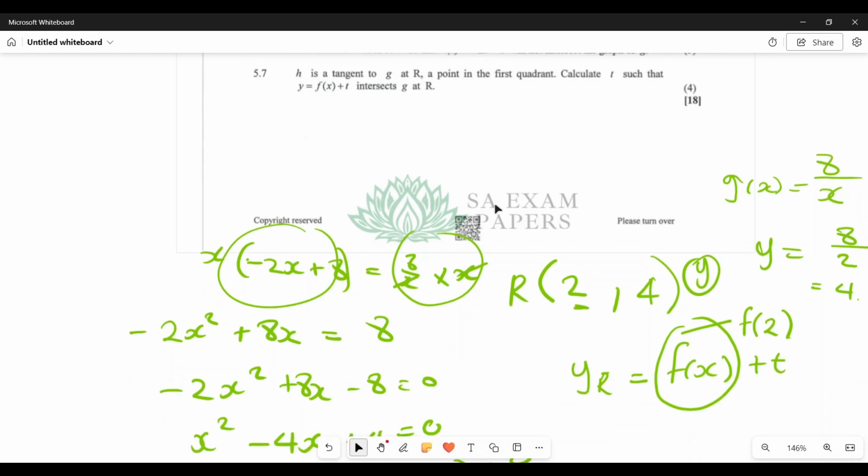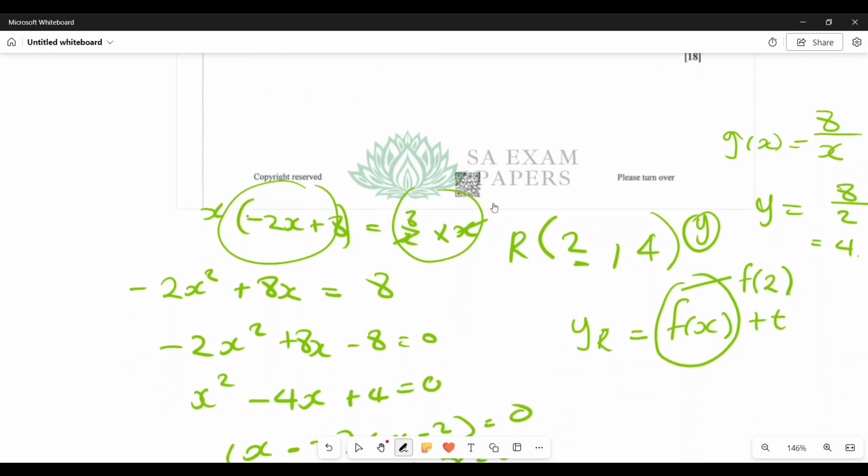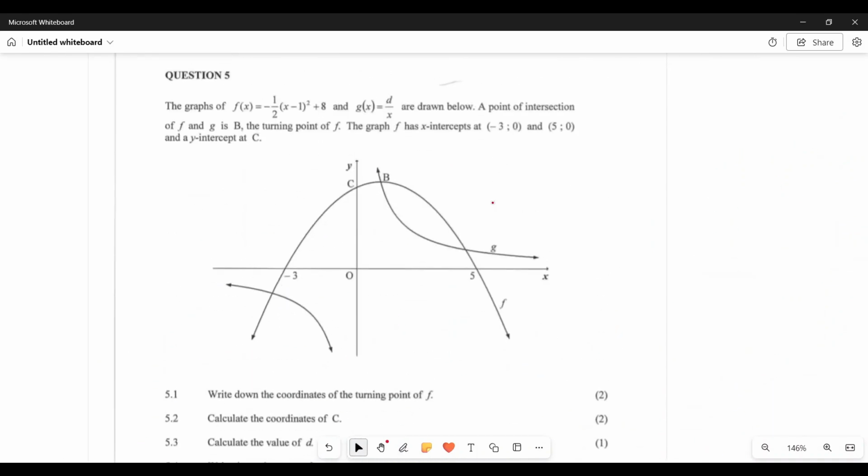Now, your y at R is 4. It is equal to, on my f of x, if I substitute 2, negative 1 over 2, 2 minus 1 squared plus 8. So let me just punch that into my calculator. 2 minus 1 squared, and this should give me 15 over 2.